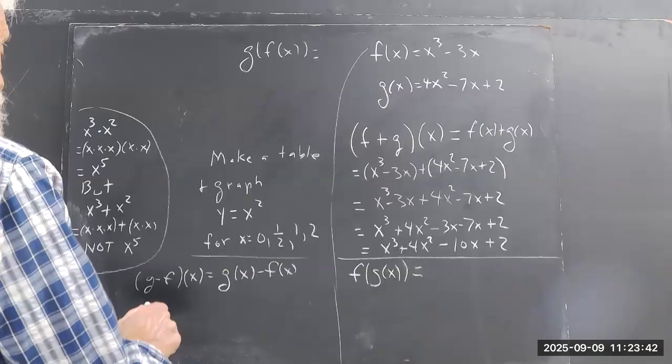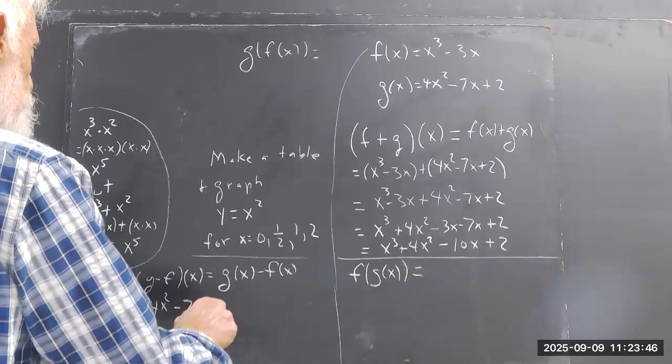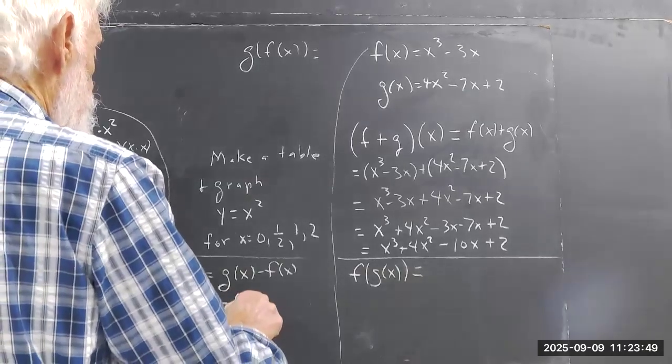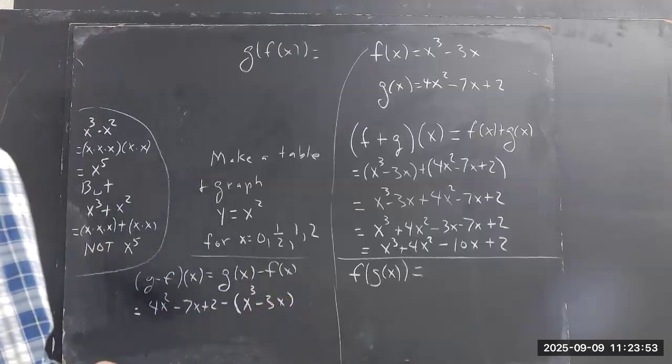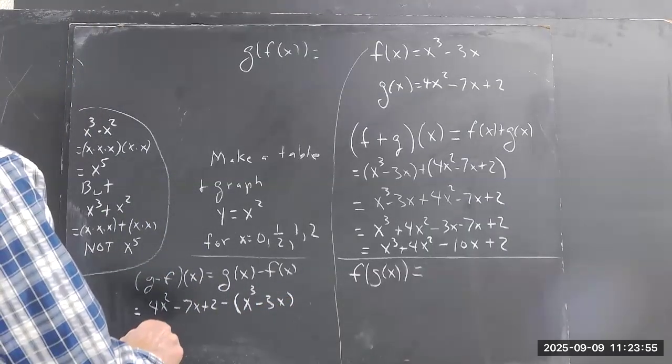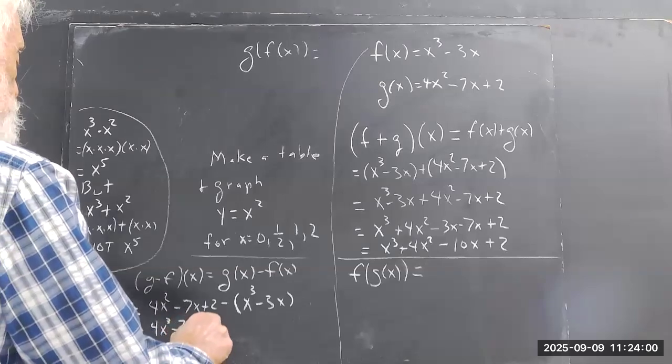And that's going to be 4x squared minus 7x plus 2 minus the quantity x cubed minus 3x.